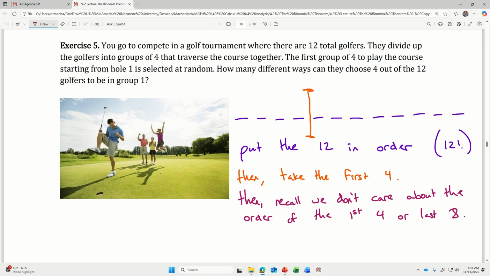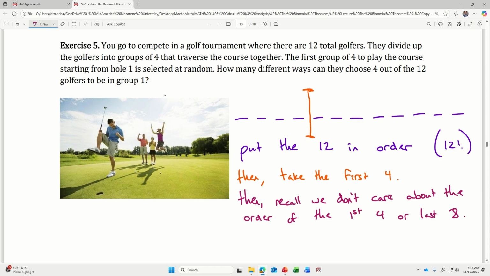Because whenever I have 12 factorial ways of putting 12 golfers in order, that's going to give me a bunch of situations where I have the same first 4 golfers, but I've just permuted the first 4 golfers. Like they just show up in a different order, but it's still the same first 4. And I don't care to know the difference between those cases. And the same thing, I'll have a bunch of cases where I have the same last 8 golfers, and the last 8 golfers are in a whole bunch of different orders. But I don't care what order they're in, right? I only care which 4 get selected.